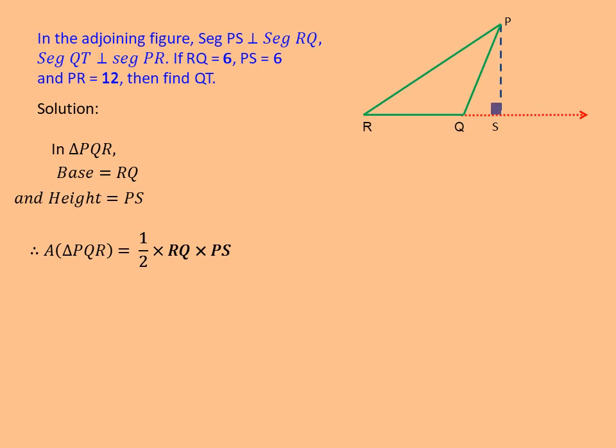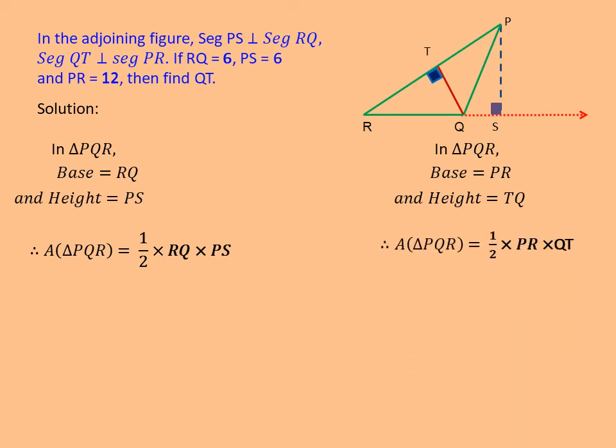As you know, they want QT, and till now we have not seen where point T is. So let us see now. In triangle PQR, we can take the base as PR, and now we have QT. QT is perpendicular on PR. So we have height as TQ, and then our area of triangle will become half into PR into QT.